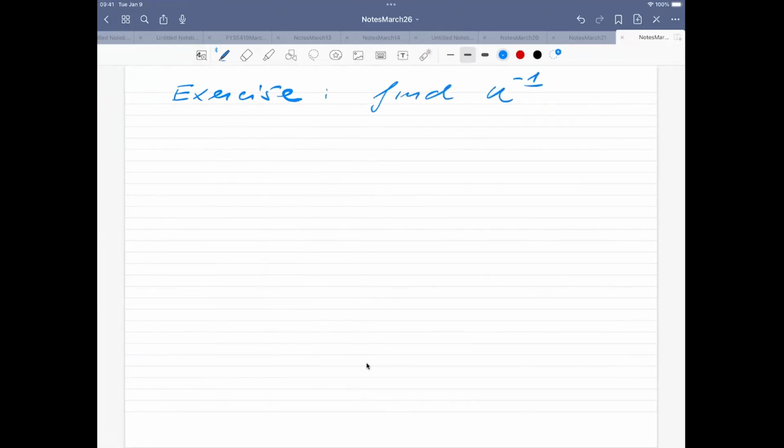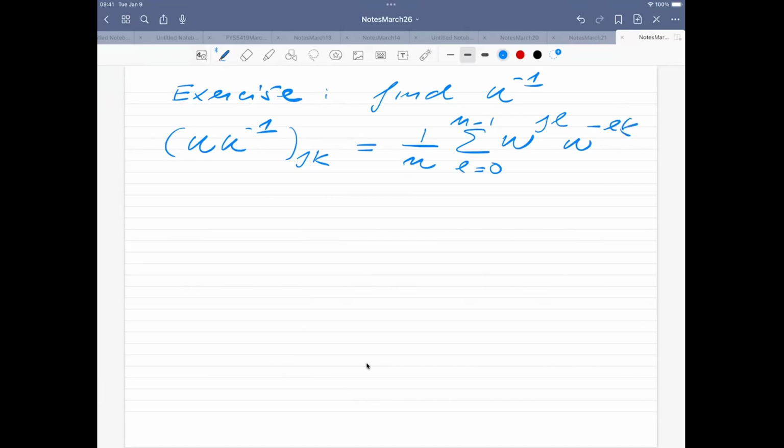U inverse, because you can show in a pretty straightforward manner, and we will do that after the break, that U minus 1 has a pretty simple expression. It is given by 1 over n times a sum from L equals 0 up to n minus 1 of W of JL, which I'm going to specify a little bit later, times W of minus LK.